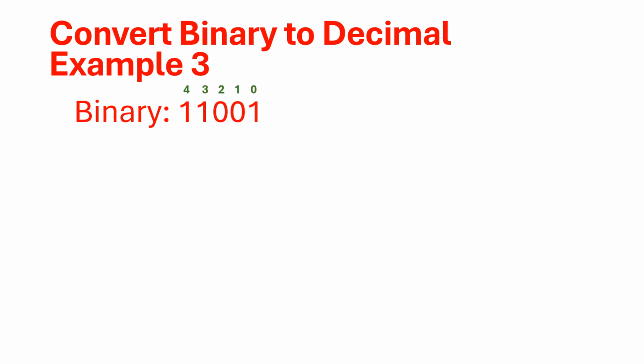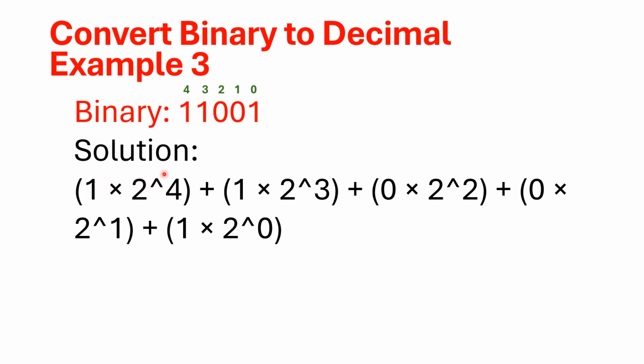Again, we assign the weights, starting from the LSB, the least significant bit, which gets 0. The next 0 gets weight 1, the next 0 gets weight 2, this 1 gets weight 3, and this 1 gets weight 4. Now this coefficient 1 is multiplied by 2 power 4, the weight of this bit. Similarly, 1 is multiplied by 2 power 3, 0 by 2 power 2, 0 by 2 power 1, and the LSB, which has weight 0, is 1 multiplied by 2 power 0.